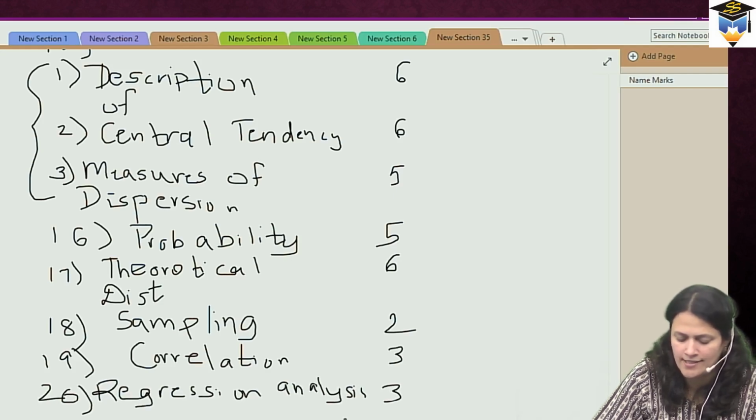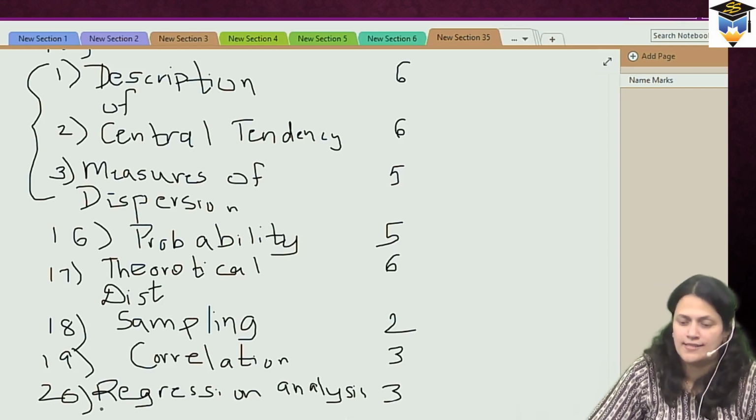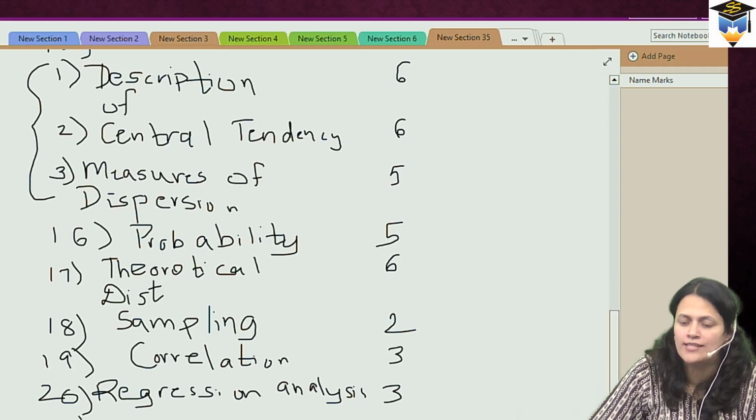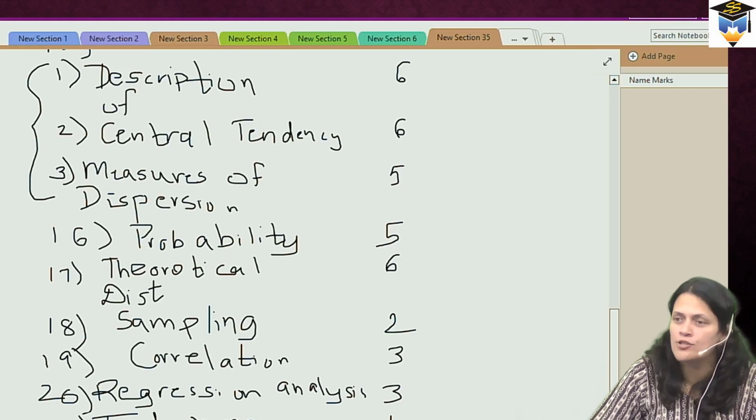And last is index numbers, 4 marks. Understood?